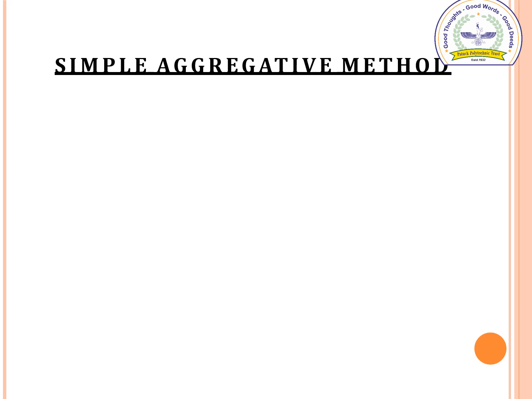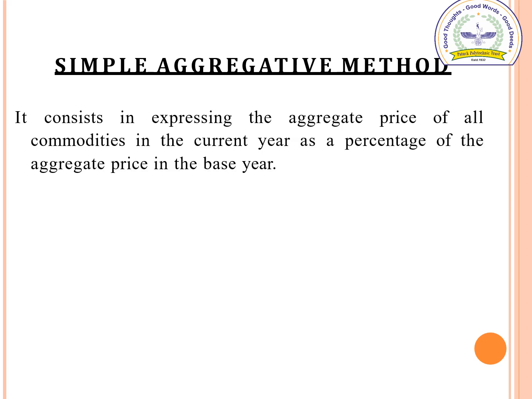Simple aggregative method. It consists in expressing the aggregate price of all commodities in the current year as a percentage of the aggregate price in the base year. Formula for simple aggregative method is P01 equals summation P1 divided by summation P0 into 100.